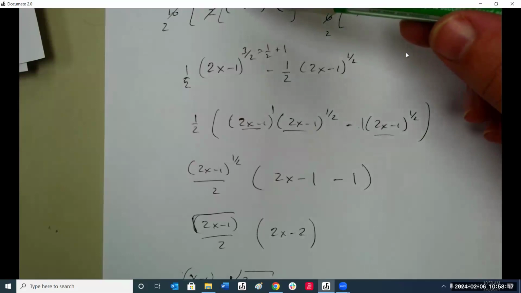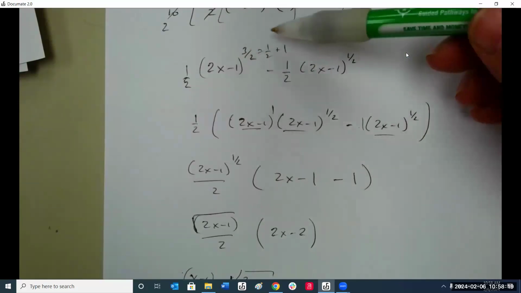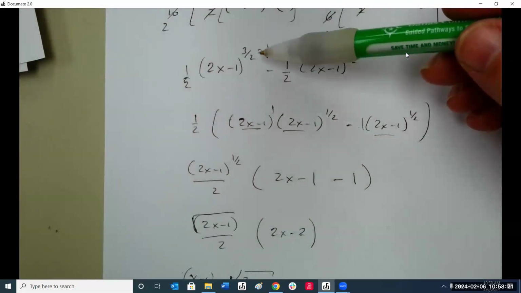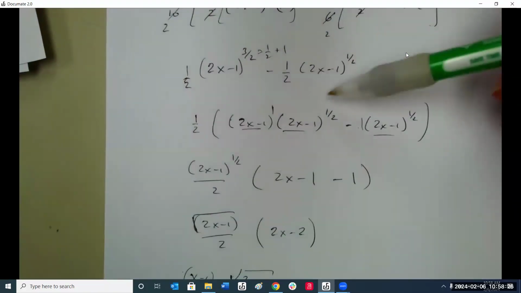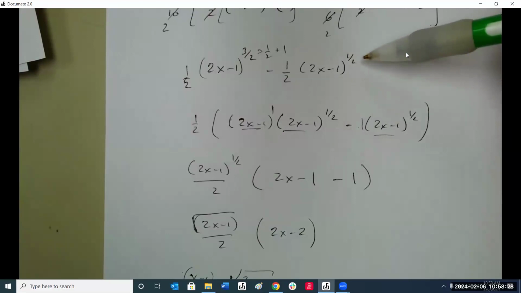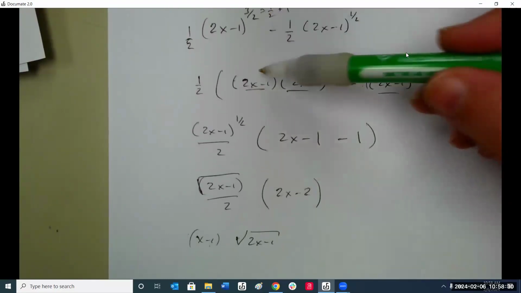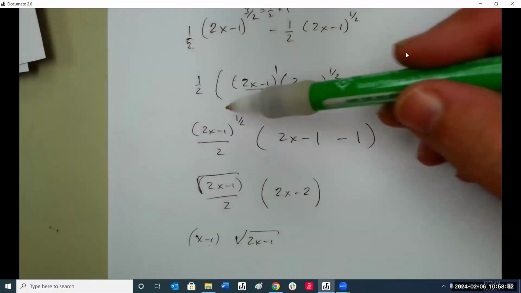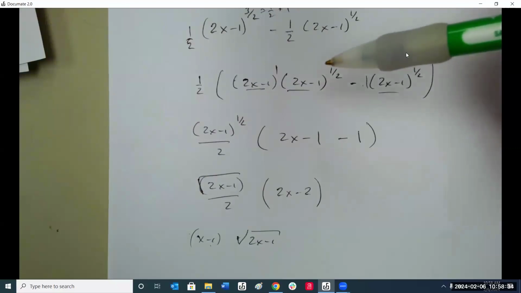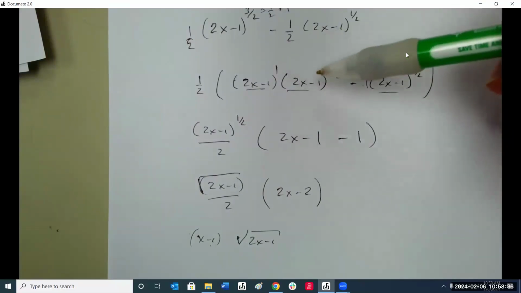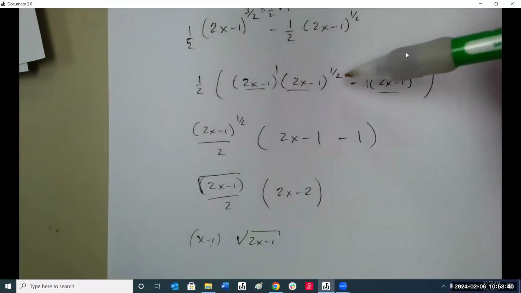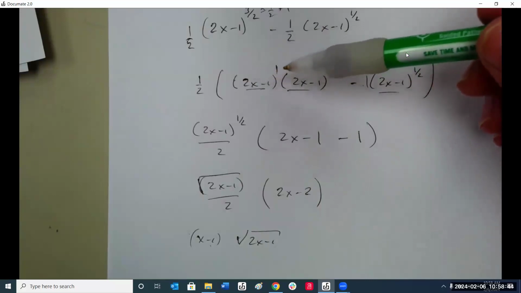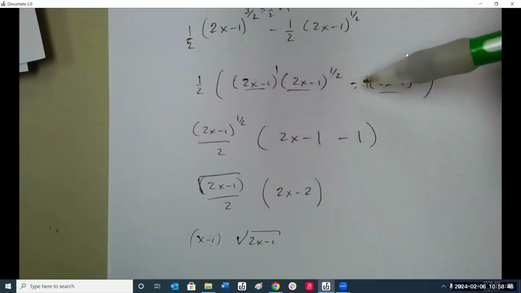So it's 1/2, 2x 3 minus 1/2. We factor out the 1/2s. Take out the square root 2x minus 1, 2x minus 1 minus 1.